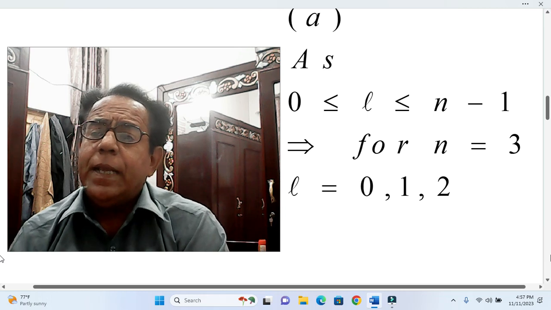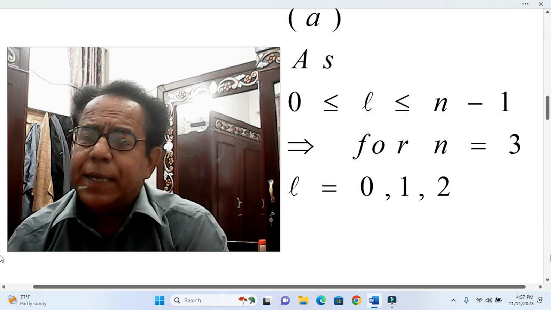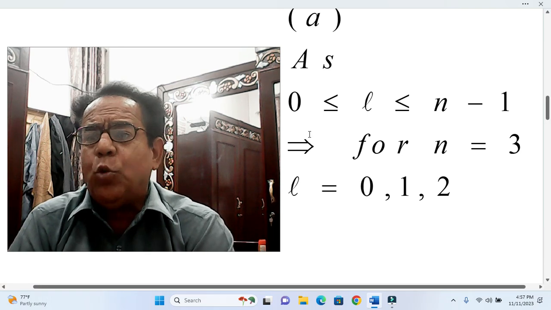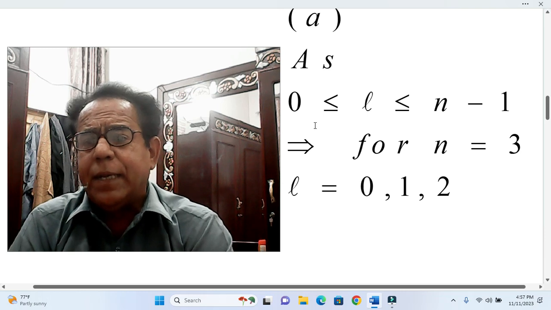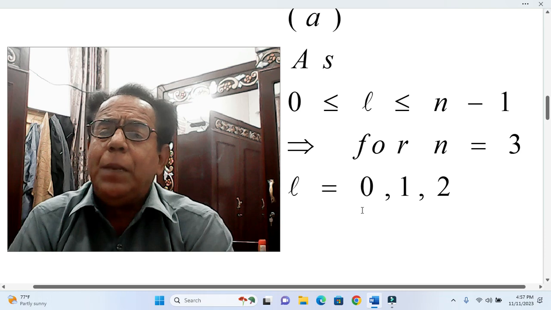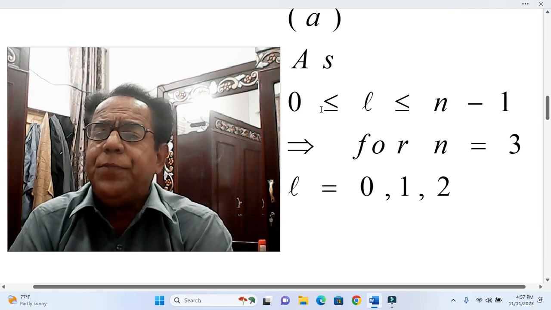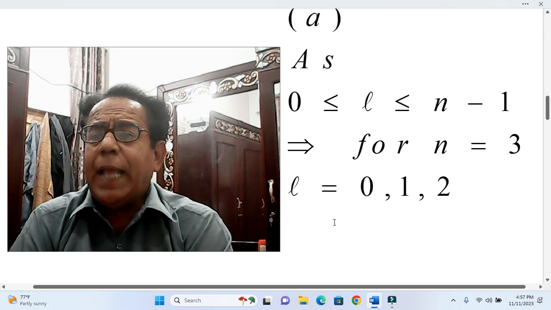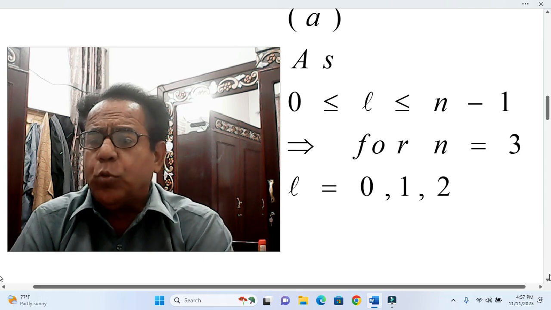It is always less than n, at the most it can be equal to n minus 1. On the other hand, l is at the least equal to 0, but otherwise it is greater than 0. So the values of l become 0, 1, 2.